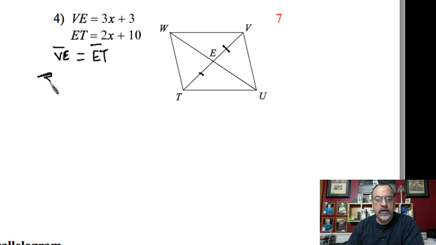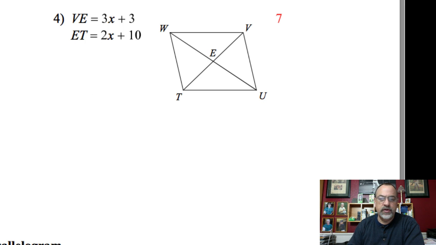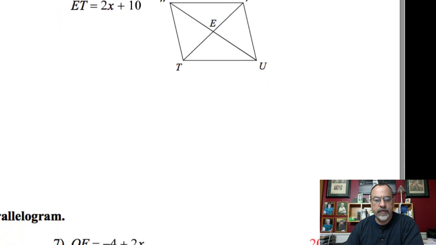VE is 3x plus 3. ET is 2x plus 10, and then we solve and we get x is equal to 7. And again, you see what I'm writing on these papers. This is what I would expect for you to see on your homework paper as you're doing your problems.